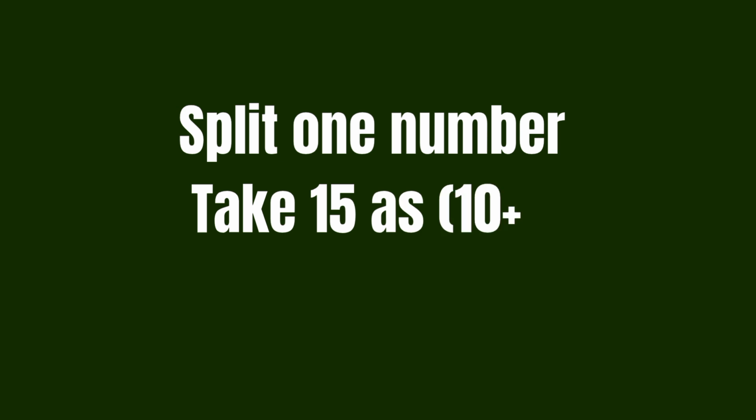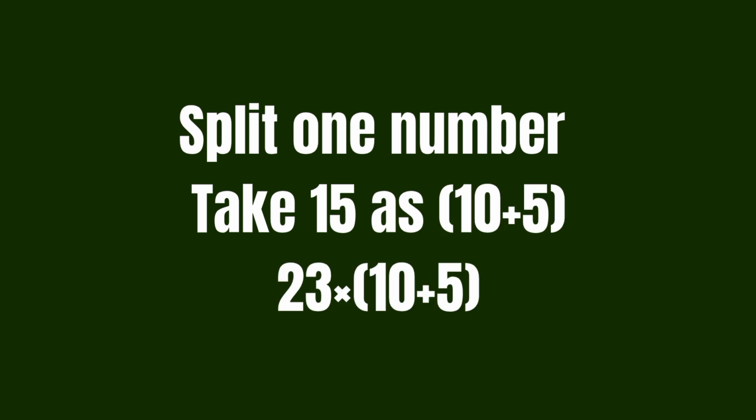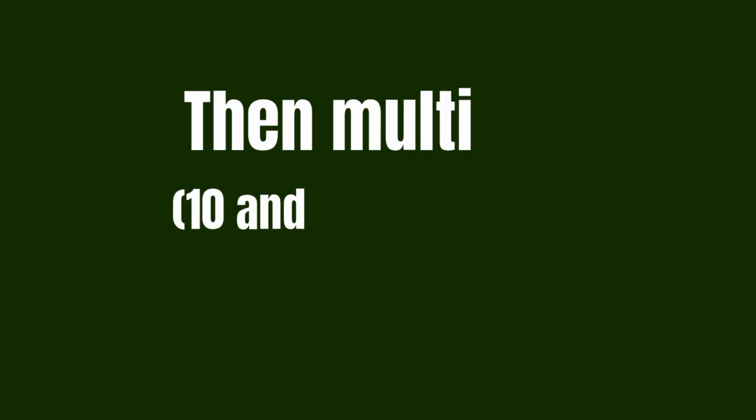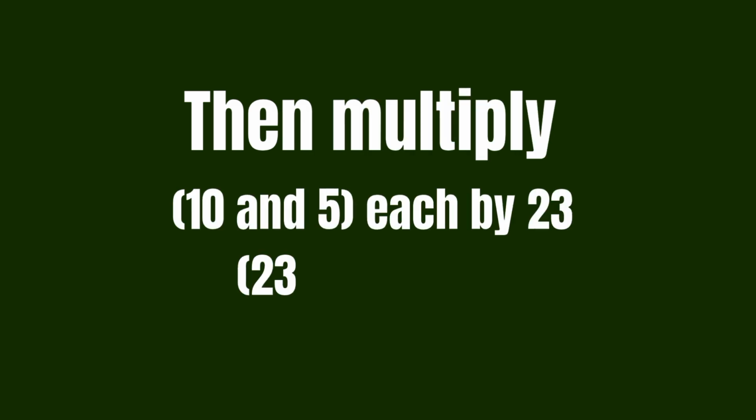First trick, split one number. Take 23 times 15. Split one number, take 15 as 10 plus 5. 23 times (10 plus 5), then multiply each of 10 and 5 by 23: 23 times 10 plus 23 times 5.